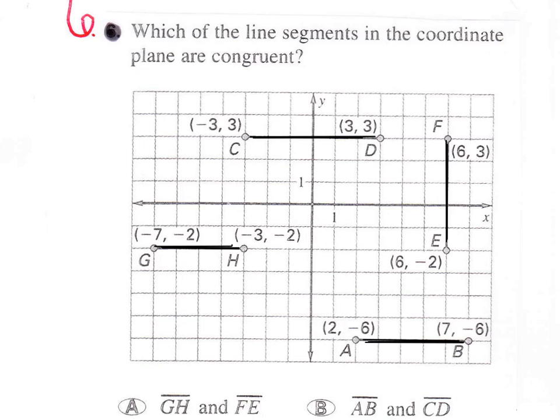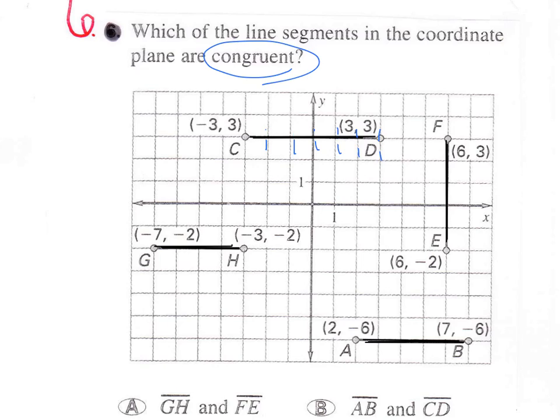Number 6, which of the line segments in this coordinate plane are congruent? Congruent, again, means equal, okay? You might want to remember the formula here to find the length. You could probably just count. For example, I could say C to D here. I'd say, okay, 1, 2, 3, 4, 5, 6 units.